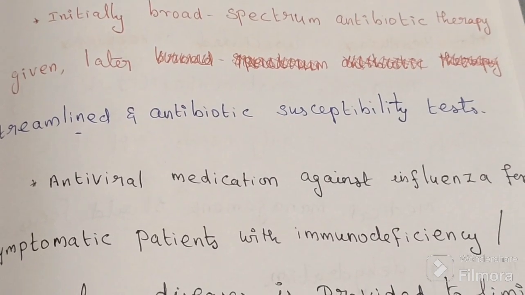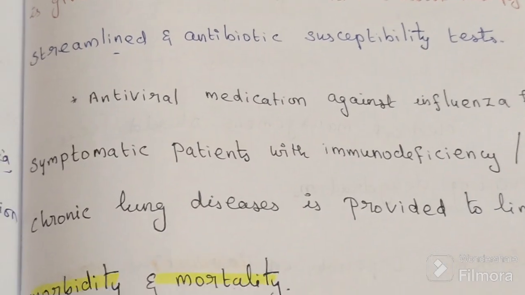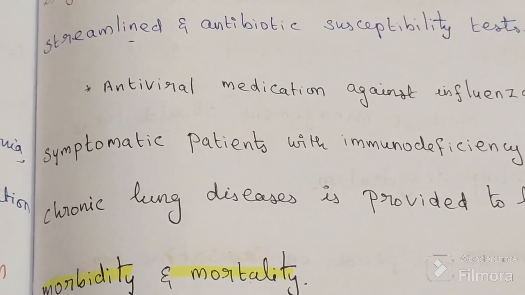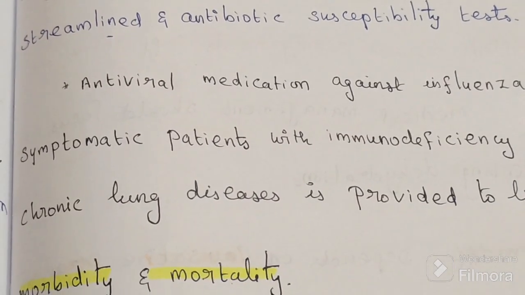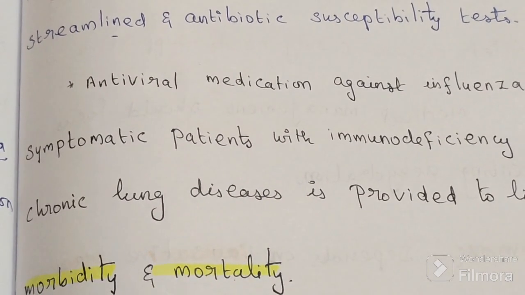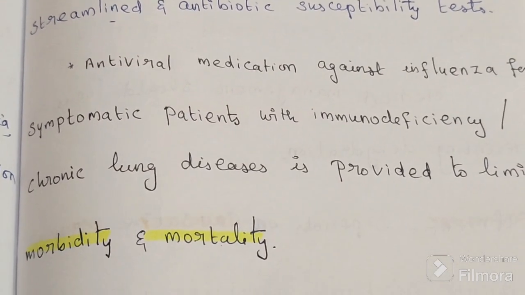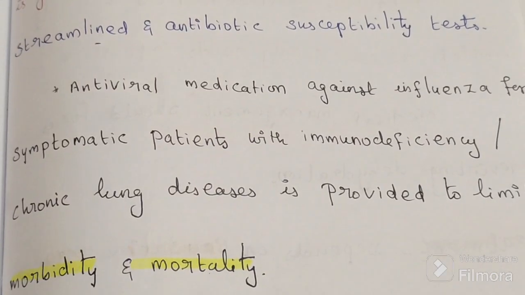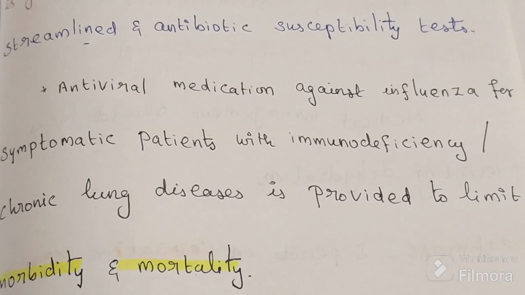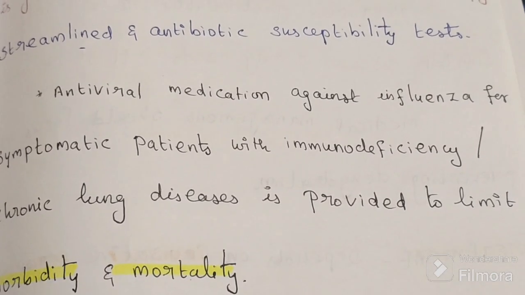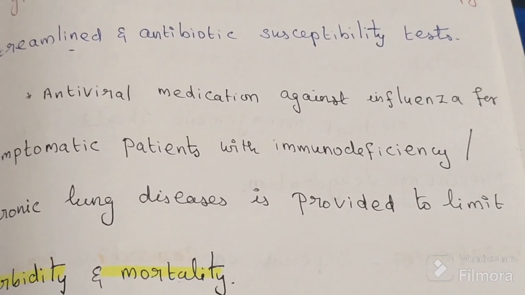Antiviral medication against influenza for symptomatic patients and patients with immunodeficiency or chronic lung disease is provided to limit morbidity and mortality. Exposure to fungal spores during construction or renovation should be avoided in neutropenic or transplant patients.